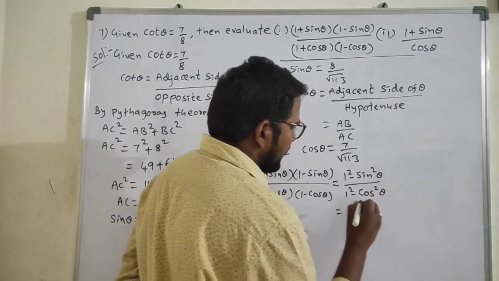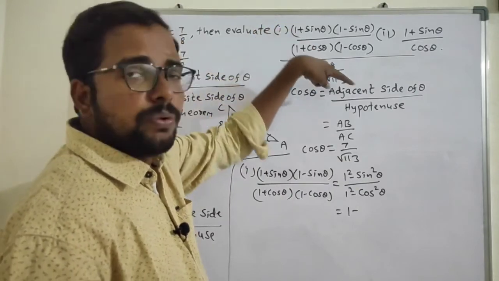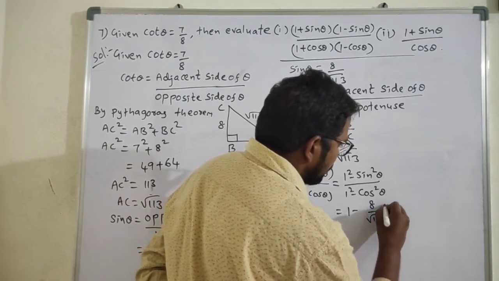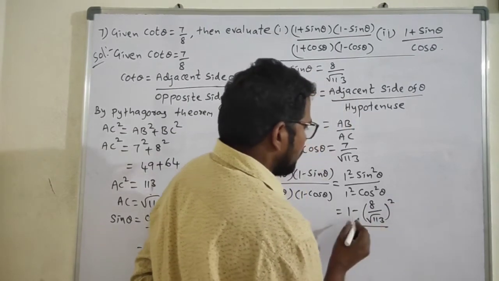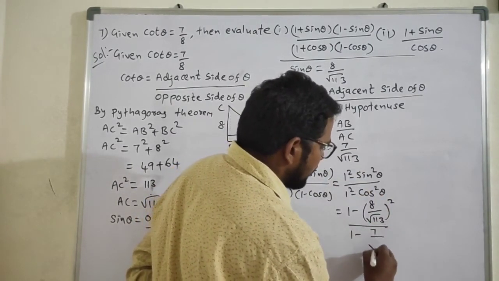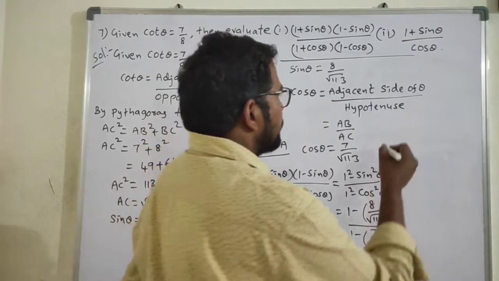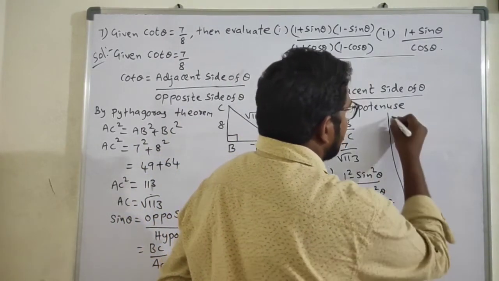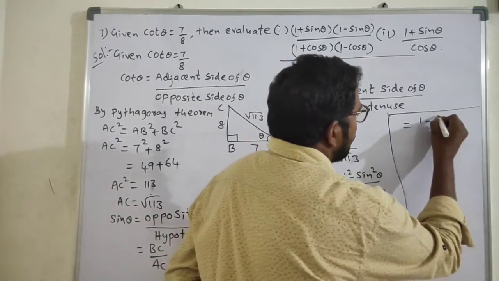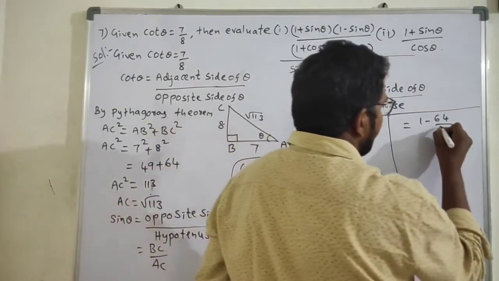So 1 minus what is the sin theta value? We already got sin theta. Sin theta is equal to 8 by √113, whole square, by 1 minus cos theta value 7 by root 113, whole square. So I am simplifying here: 1 minus 8 square, that is 64. The denominator is 113 and it has a root, so the square cancels and 113 comes.